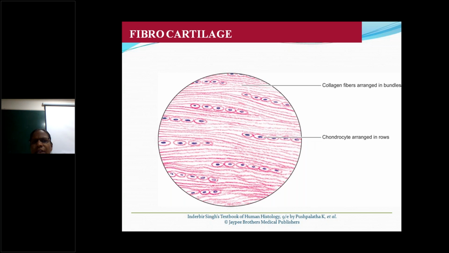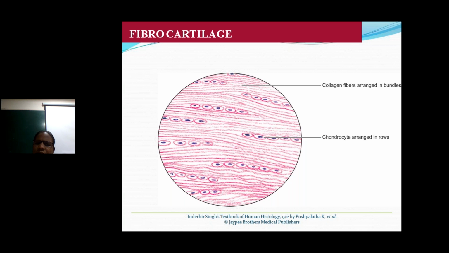So the basic points to identify fibrous cartilage are the absence of perichondrium, bundles of collagen fibers in the matrix running in a parallel direction, and very few chondrocytes between the bundles, present in a linear appearance. So that is about the fibrous cartilage.